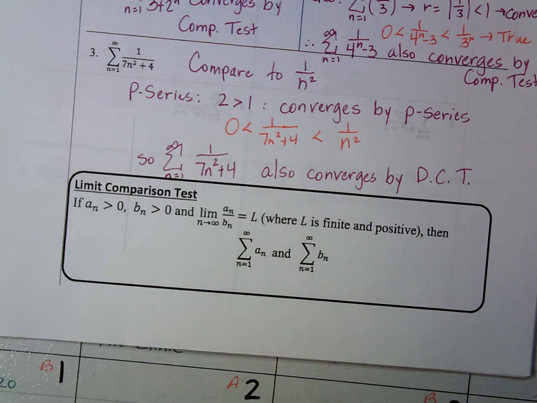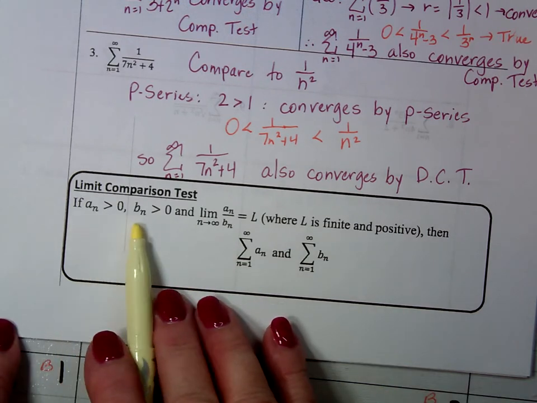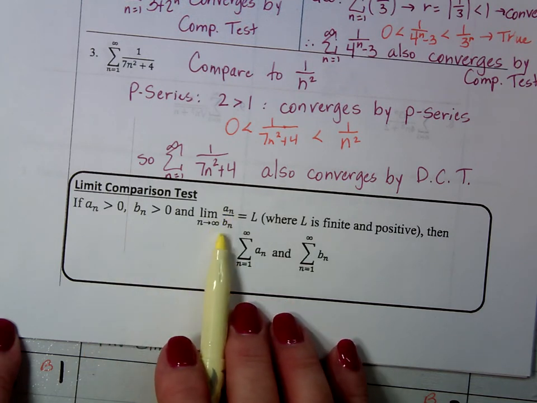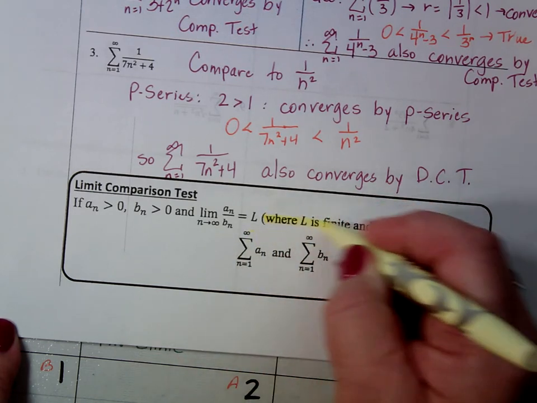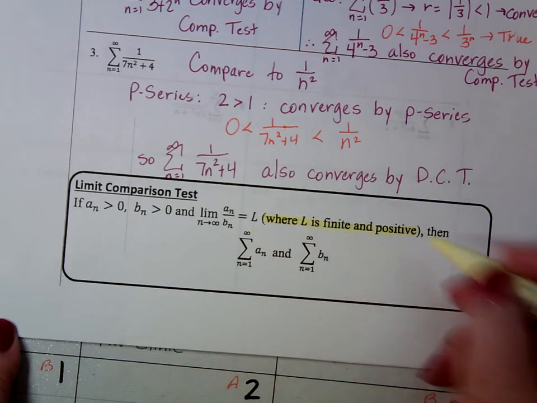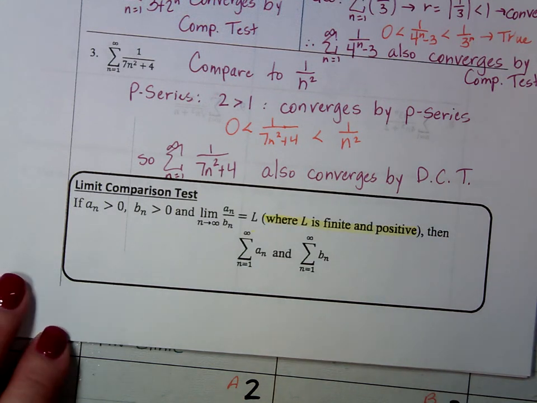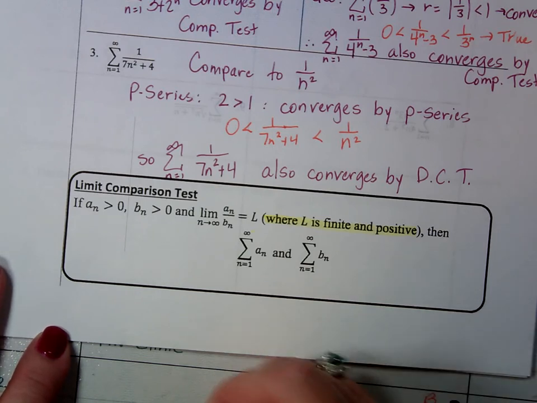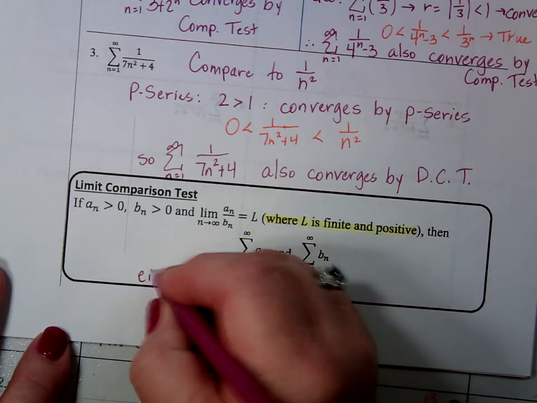If a sub n is positive and b sub n is positive, then the limit of a sub n divided by b sub n is equal to some number where that number is finite and positive. And if that happens, then both a sub n and b sub n converge, or both a sub n and b sub n diverge. So here's what I'm putting here to finish this out.